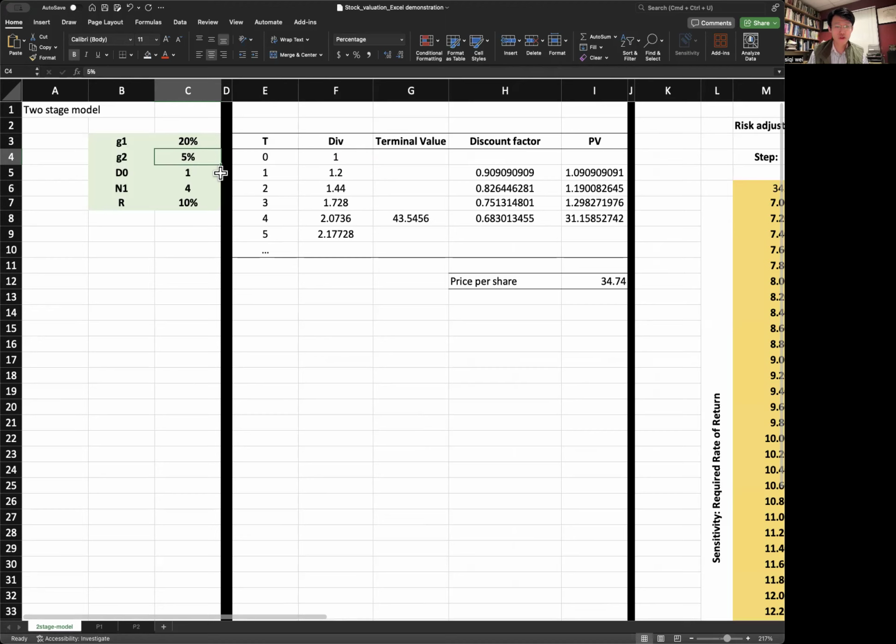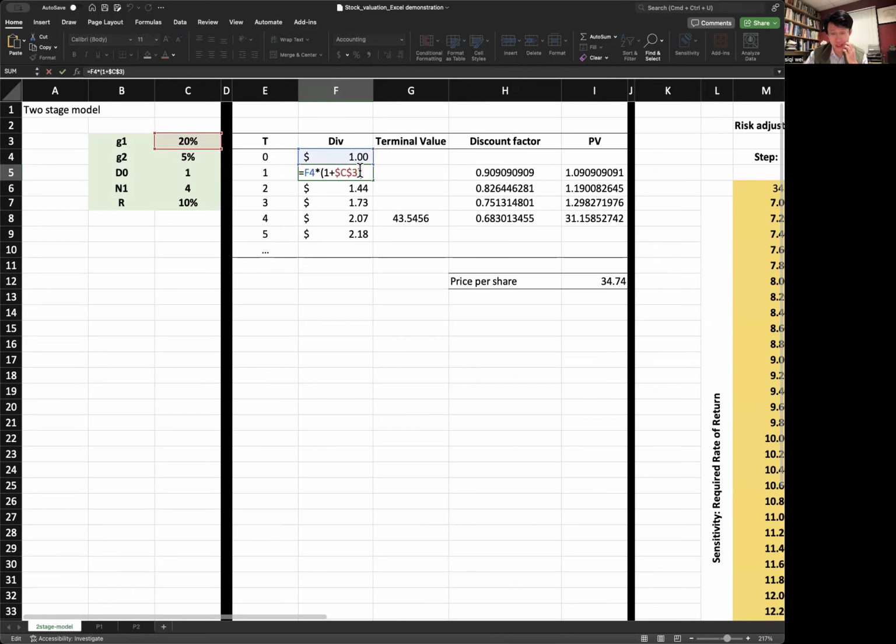Second stage growth rate, 5%. Now this is the timeline. The dividend just paid is $1. At the end of year 1 it is 1 times the first stage growth factor. You do that over time for the first stage.